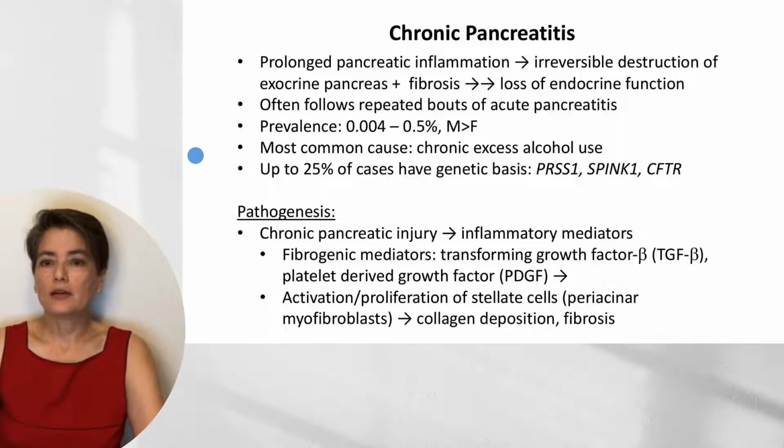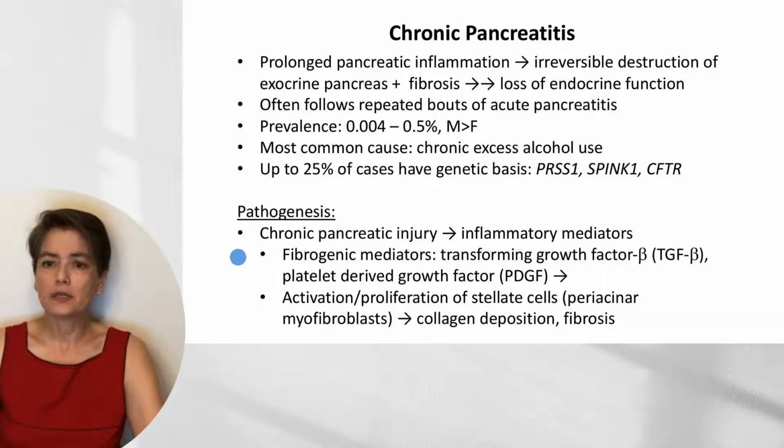Now, even though we say that chronic excess alcohol use is the most common cause, up to 25% of cases have a genetic basis, again, taking us to our genes for trypsinogen, SPINK1, which is a trypsin inhibitor, and CFTR. And the pathogenesis of this is that we get chronic pancreatic injury that's going to cause the release of inflammatory mediators that in chronic pancreatitis, as opposed to what we see in acute pancreatitis, are fibrogenic.